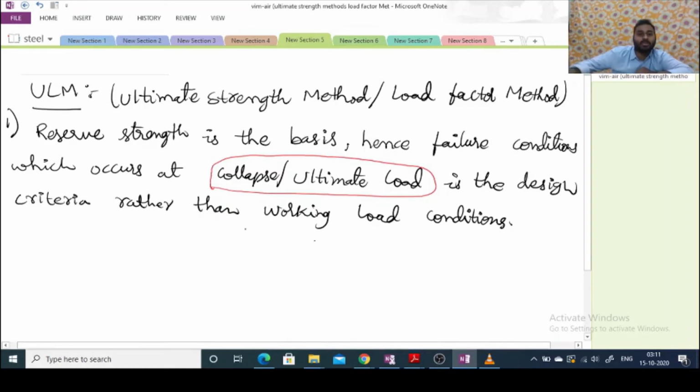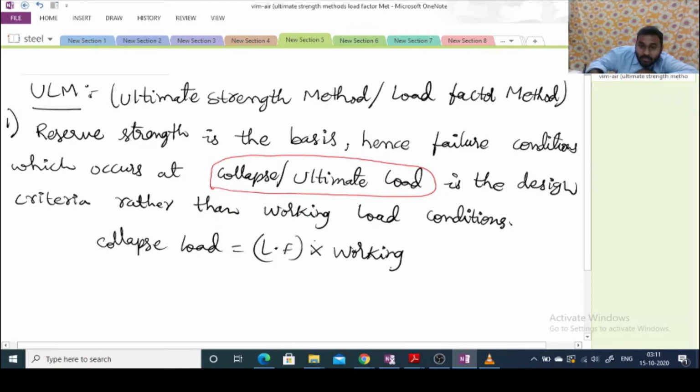Now coming to the collapse load. What is collapse load? Let us see. Collapse load is equal to LF, meaning load factor, into working load. What is meant by load factor?